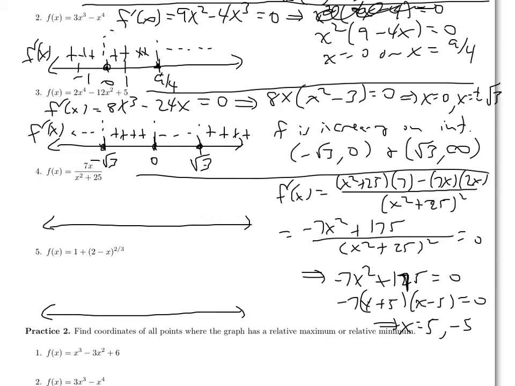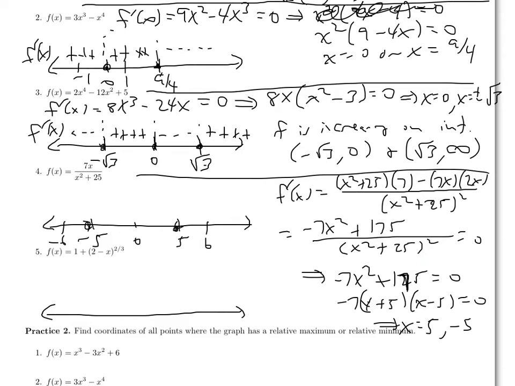So on my sign chart, if I plot negative 5 and 5 as my critical values, then I can sample over here at like negative 6. I can sample it here at 0. That's always an easy number to plug in. Out here at 6. And so if I plug these into my derivative, remember I'm plugging them into this, my derivative formula.